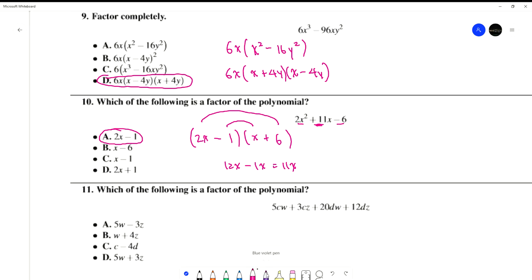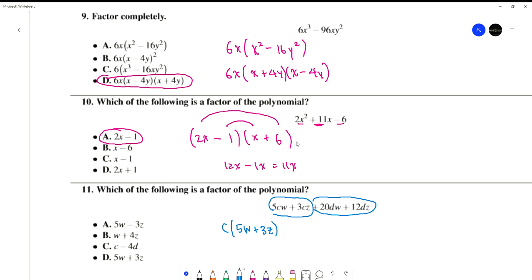No? Okay. All right, for number 11, 4 terms, so this is our factor by grouping. So in our first group, and then in our second group, but anyway, in my first group, I see that the GCF is a C. So I'm going to factor out the C, and I get 5W plus 3Z.